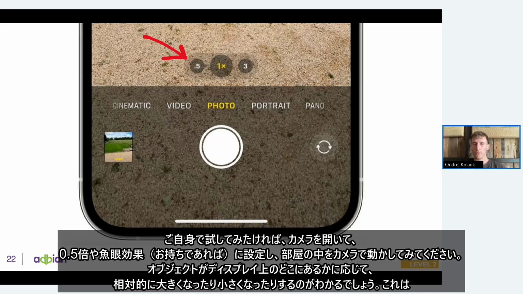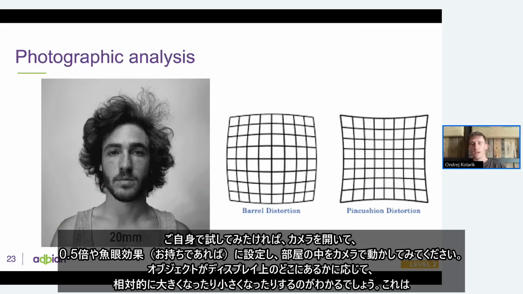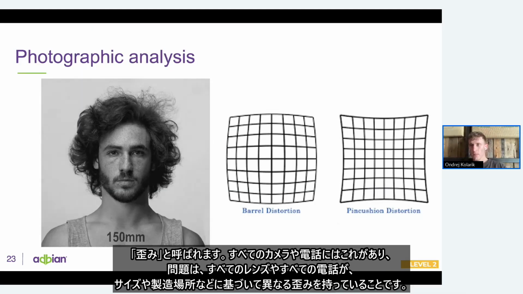You can put 0.5 or the fisheye effect if you have it in your phone, and you can just move with your camera around the room. You can see that the objects are getting bigger or smaller depending on where they are on the display. This is called distortion.